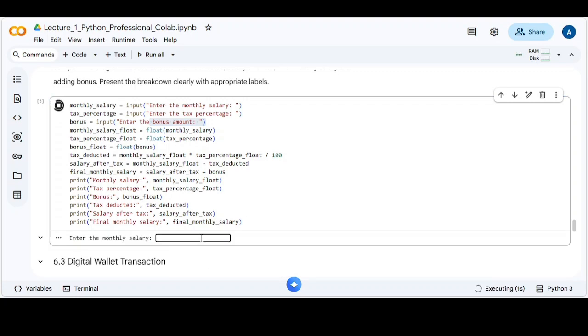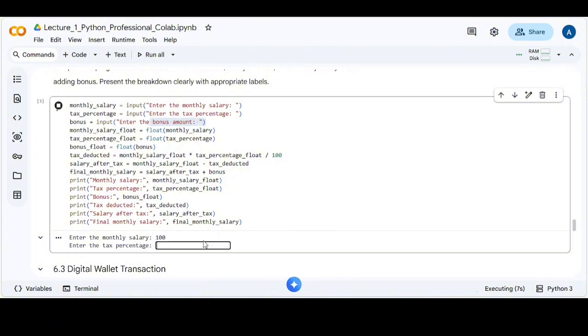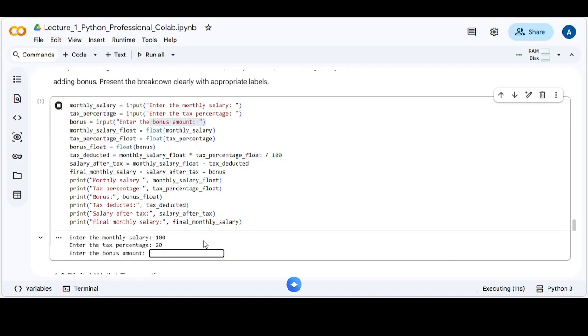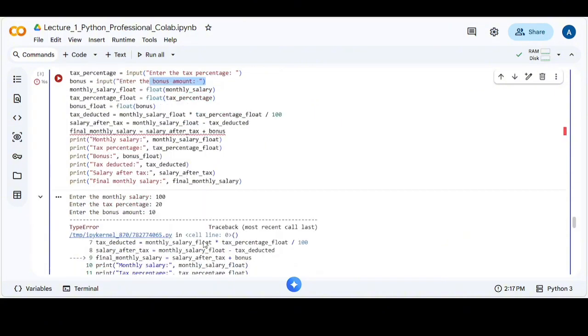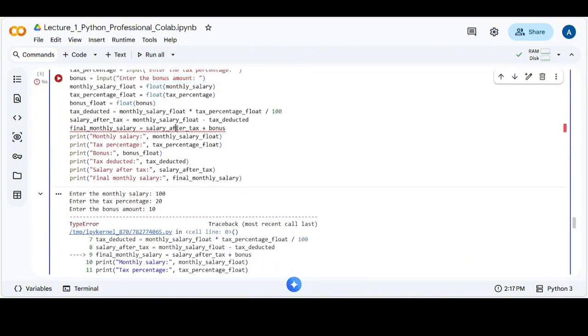So let's say we take 100 salary, a tax percentage of 20%, and let's take the bonus amount to be 10. So we seem to have an error, and that error is bonus_float.